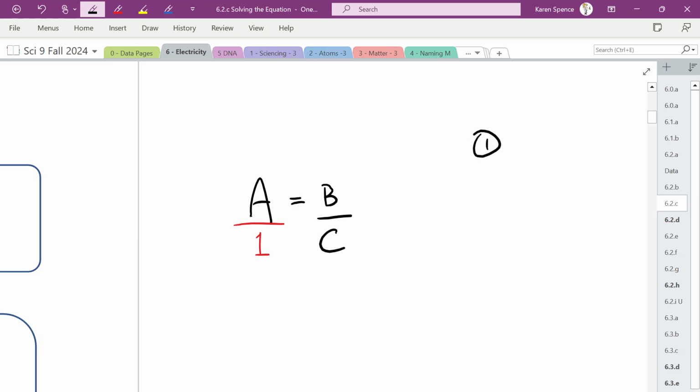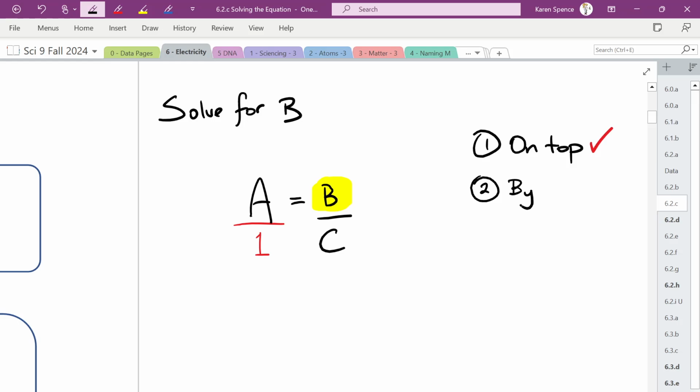So number 1, we need our thing that we want to solve for, and in this case, we're solving for B. We want that to be on the top. Is B on the top? Yes. Second thing we want is we want B to be by itself.